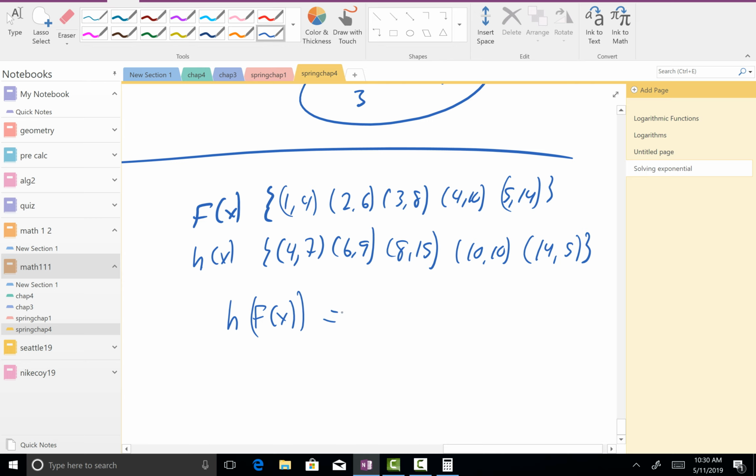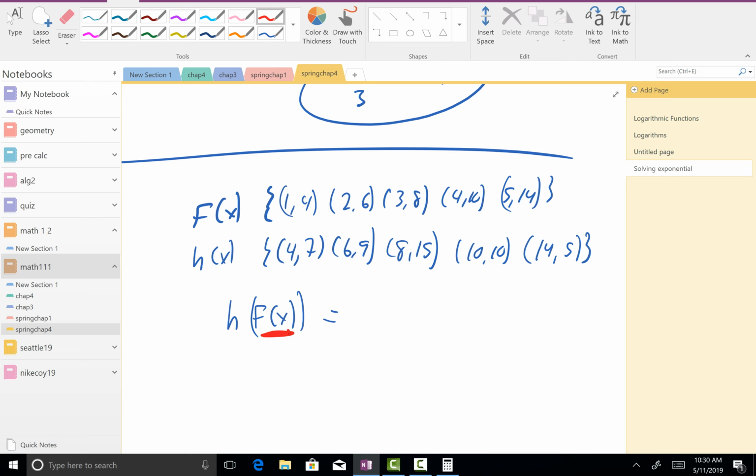When you want to do that, you start with the inside, the f function. You go to the first number, which is 1. So 1 is the input, which gives you a 4. Now this output becomes the input into the h function. So 1 goes to 4, 4 matches here, so then 7.